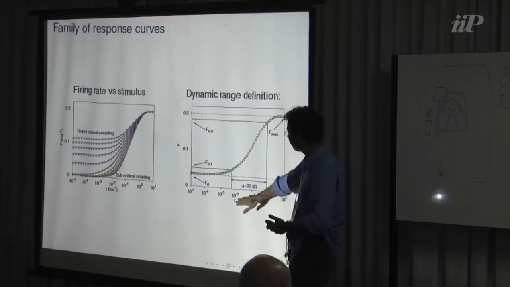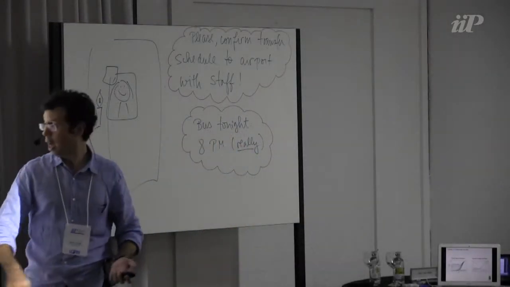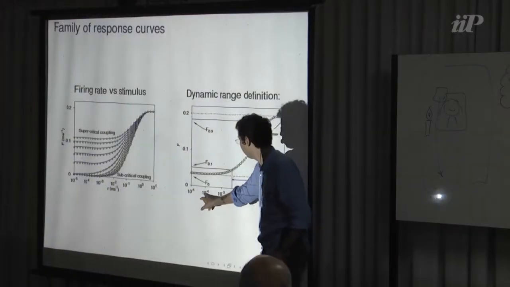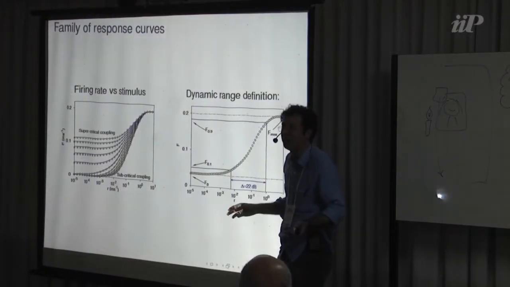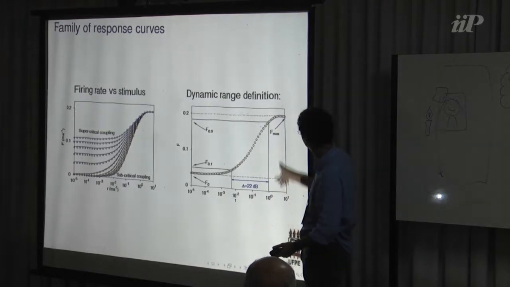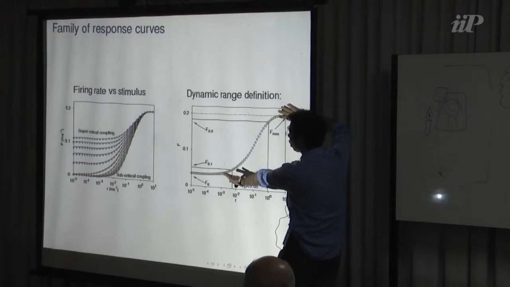See, if this is light, and this is the response of my retinal ganglion cells, if I show you 10 to the minus 5 light and 10 to the minus 4 light, you cannot tell the difference because they give you the same response. Or if I show you this or this, they give you the same response, right? So these plateaus are trouble because they don't code very well.